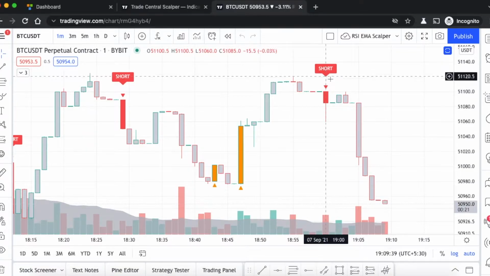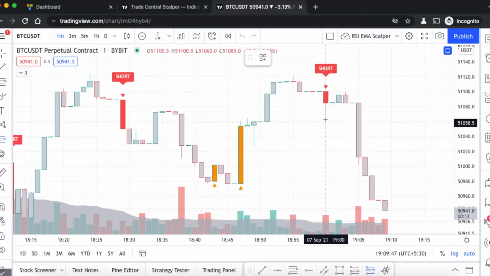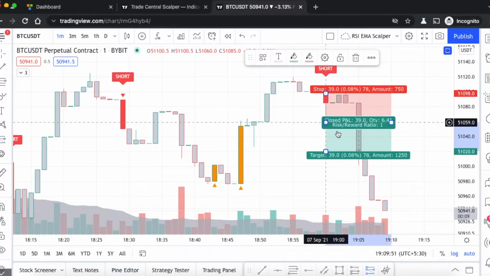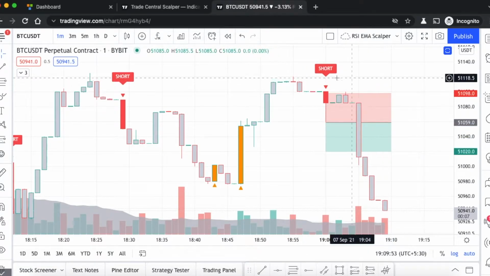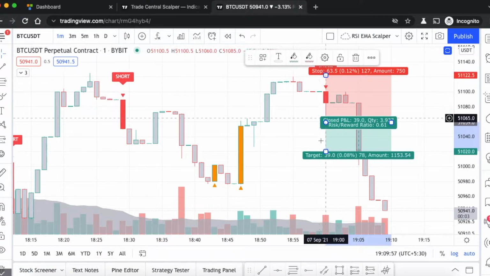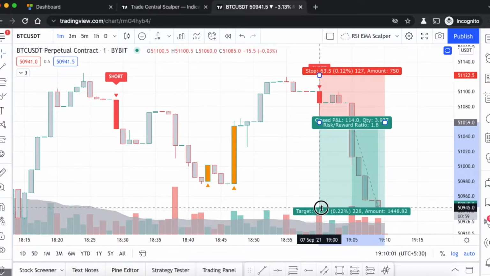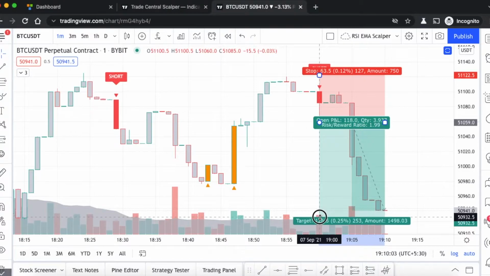If it is a short signal, we are going to go short only when the low of this candle is broken, so somewhere below this, and we are going to set the stop loss above whatever previous high we had, and the risk reward we are going to set as minimum 1:2.